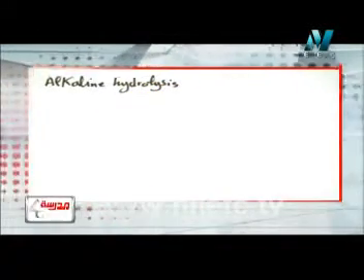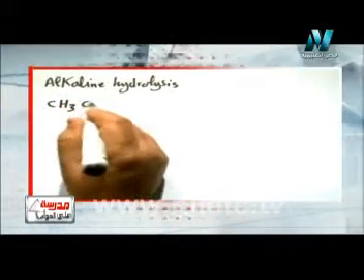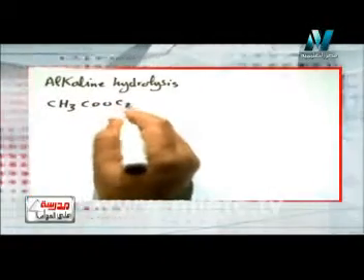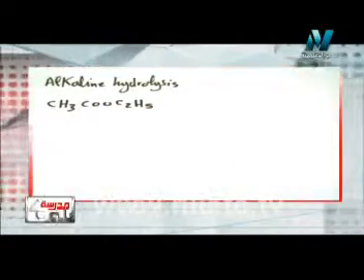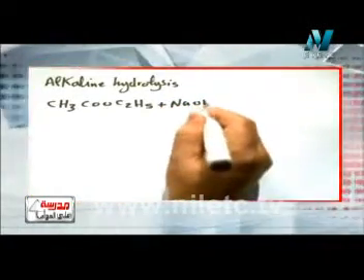Hydrolysis of the ester in presence of alkalis such as sodium hydroxide or potassium hydroxide, for example CH3COOC2H5, ethyl acetate ester, plus sodium hydroxide.